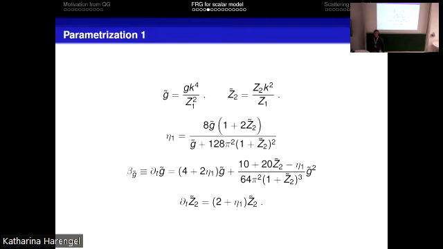And how we do this depends on whether the field is dimensionful or dimensionless. So there are two parametrizations. I start with the dimensionful field, with the dimension of mass. So I define G tilde and Z2 tilde by multiplying with these powers of k. And these are the corresponding beta functions.